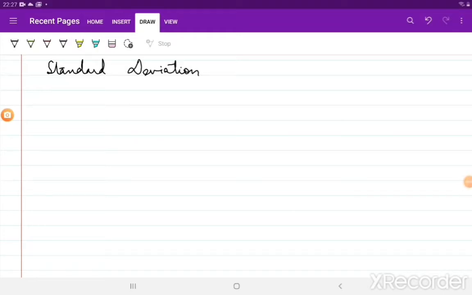We finally come to a measure of dispersion which is by far the most useful and by far the most popular measure of dispersion, the standard deviation.